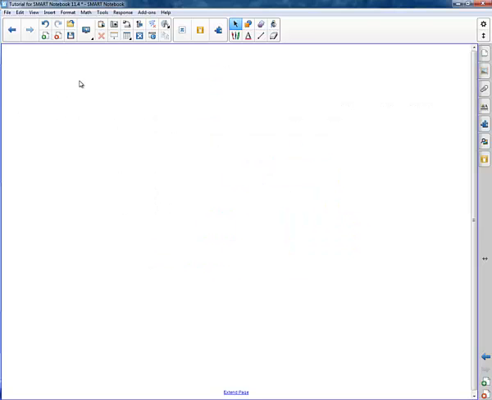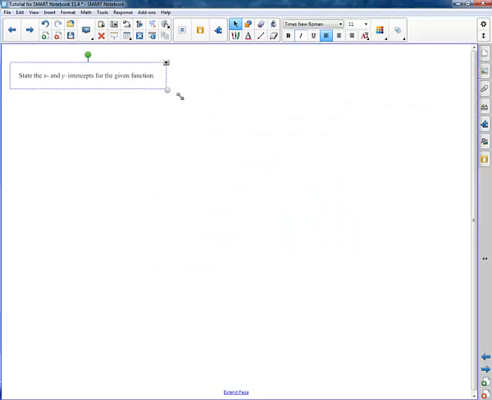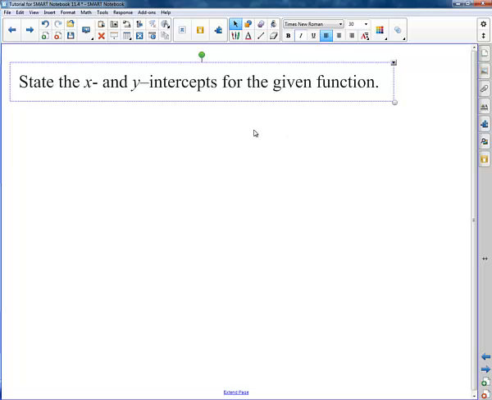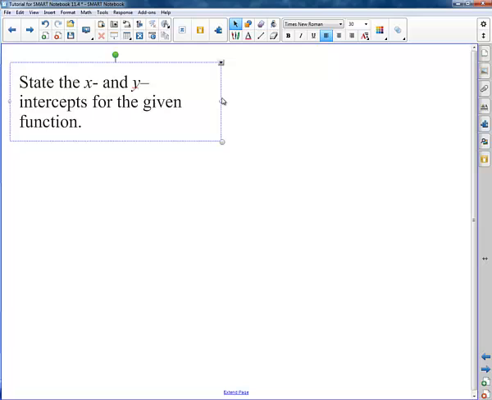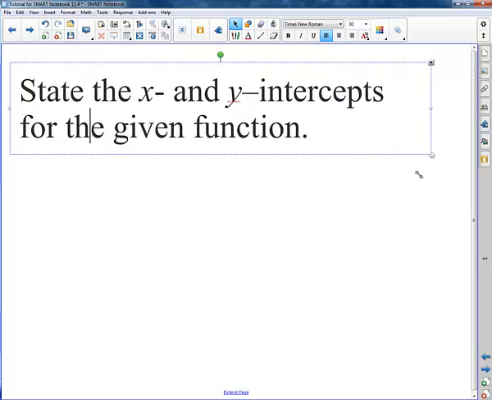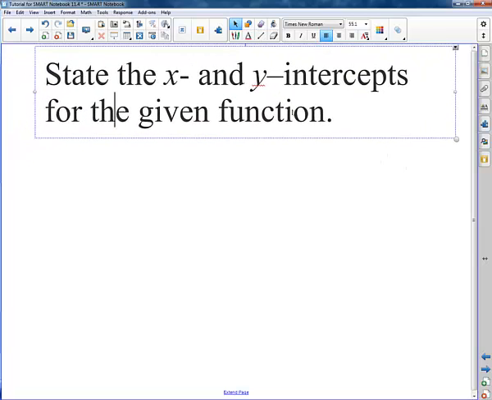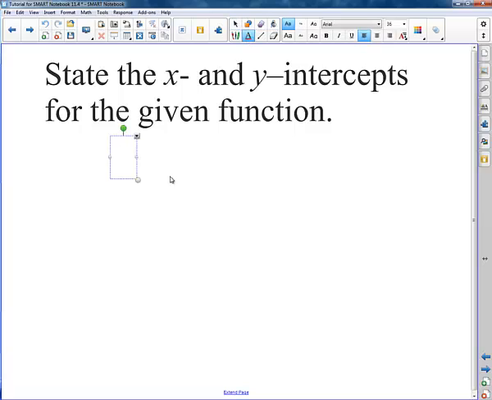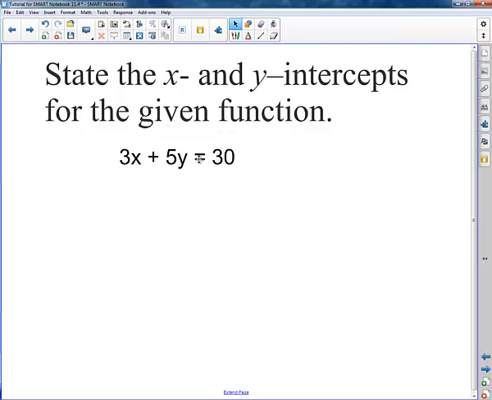Okay, let's move on. The last part we're going to do is state the x and y-intercepts for the given function. Okay, let's do 3x plus 5y equals, let's say 30. So here's our example that we're going to use.